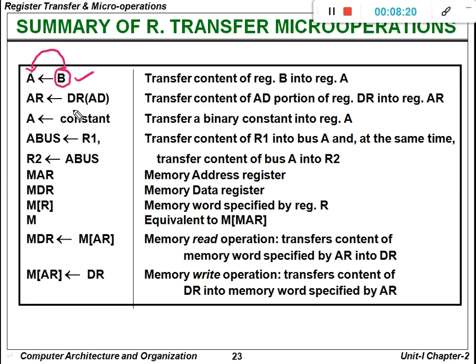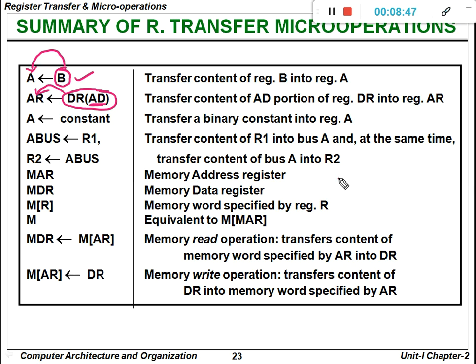Next, similarly, AR assignment DR of AD. What does it mean? We are going to transfer part of the content of the register DR. What is that part? The AD part to the register AR.